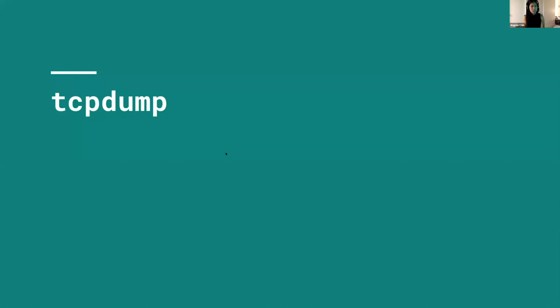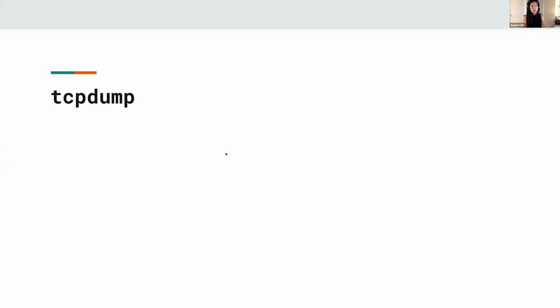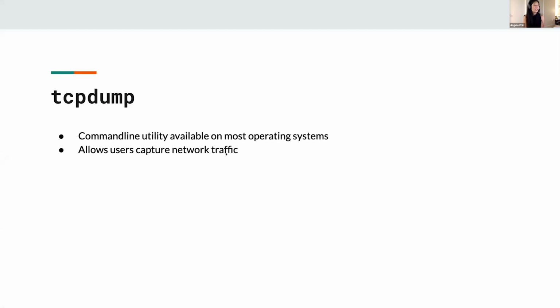The third tool we're going to talk about is tcpdump. And tcpdump is honestly my favorite tool. We're going to see it referred to a lot in the common debugging scenarios because it really is what I fall back on. tcpdump, of course, is also a command line utility available on most operating systems, and it allows users to capture network traffic.